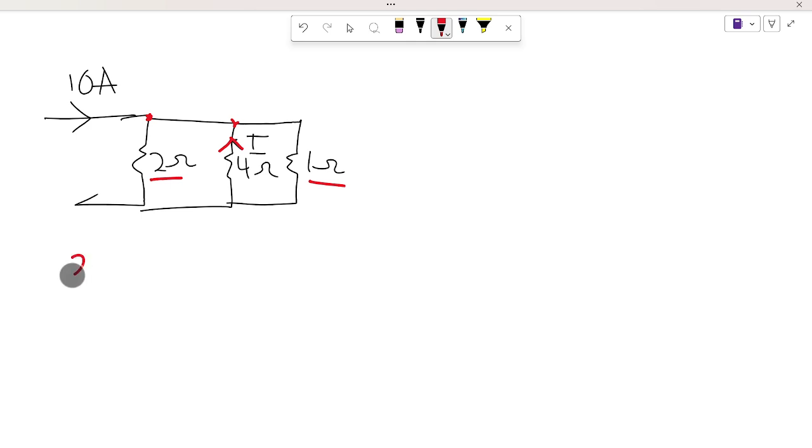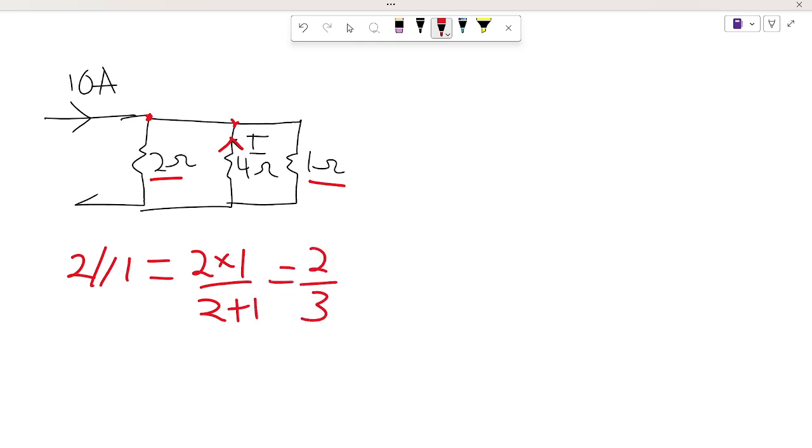So 2 parallel with 1, we are going to get 2 times 1 over 2 plus 1. We are going to have 2 over 3. Okay, and our simplified circuit is going to look like this.